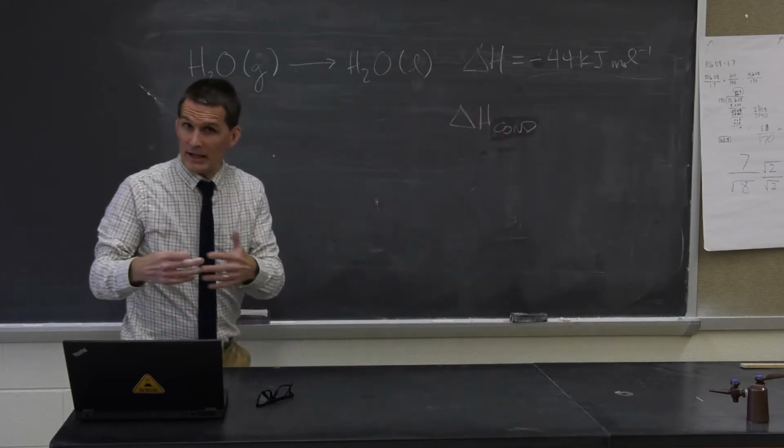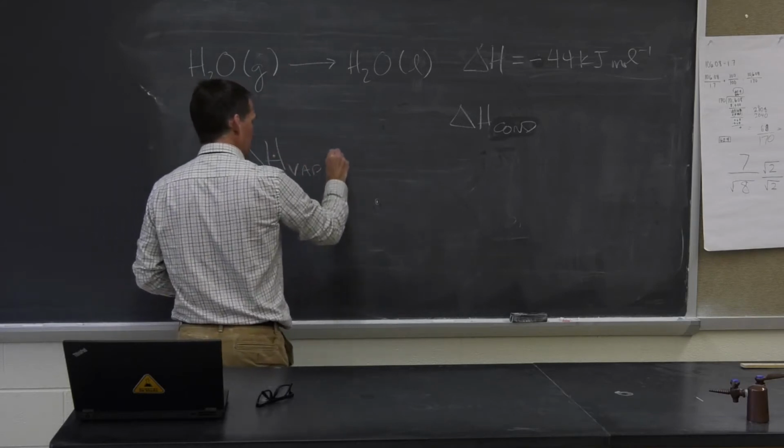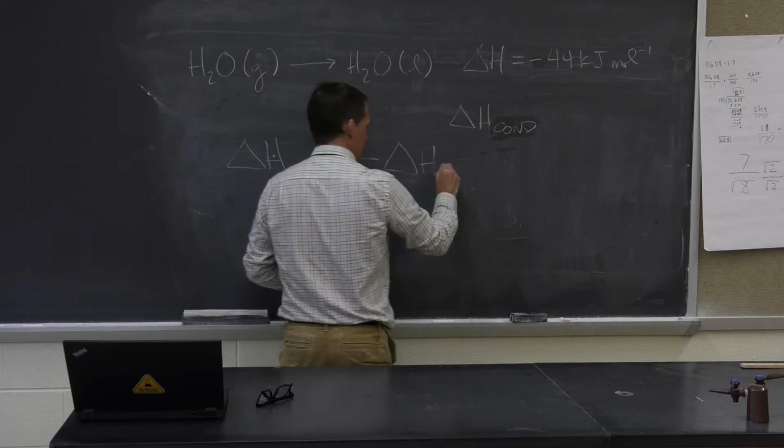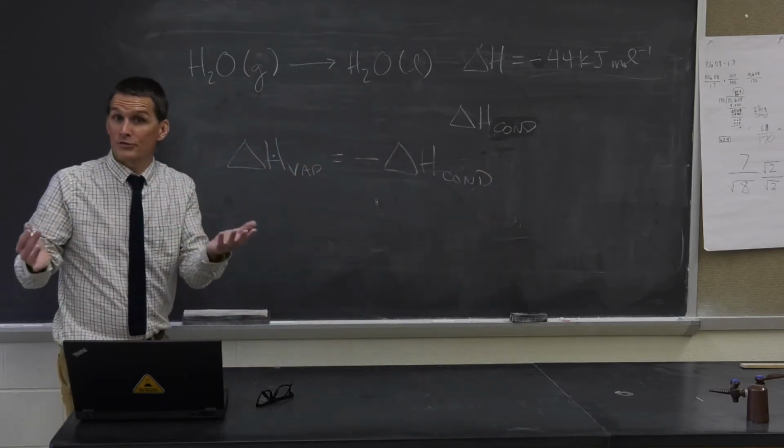And it's always going to be the case for a particular substance that the enthalpy of vaporization is going to be the opposite of the enthalpy of condensation. We can go through this for the other phase changes.